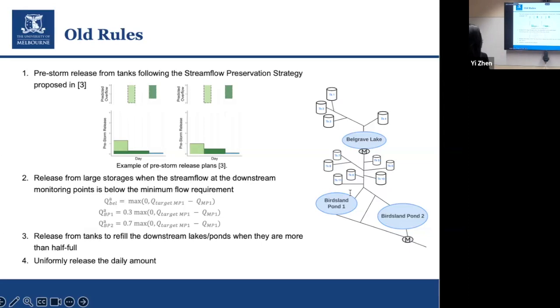And we also allow the tanks to release more water to refill the downstream lakes or ponds when the tanks are more than half full. And then once we have the optimal release volume for the day, we uniformly distribute the releases over the day to determine the hourly release rates from the storages.